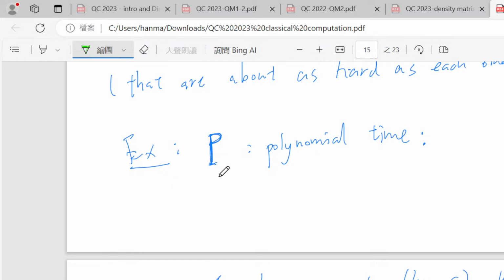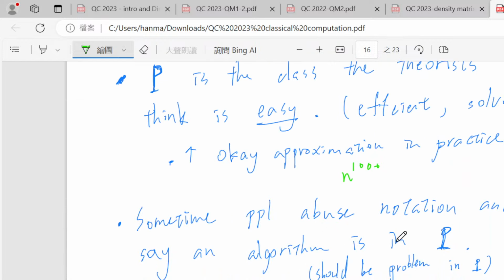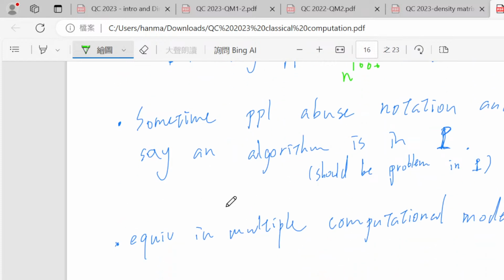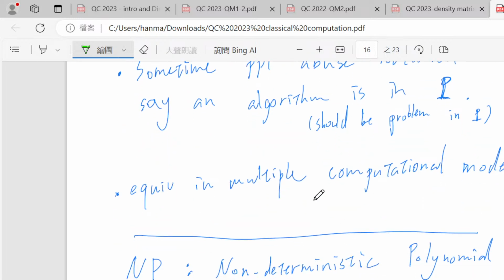So if you are really picky about how you say things, then only problems or languages can be in P, and it's not quite correct to say the algorithm is in P. But it's pretty clear what you mean, and what you should say is the algorithm runs in polynomial time. And the good thing about P is that it's equivalent in multiple computational models. We didn't show this here, but it's something nice to remember.